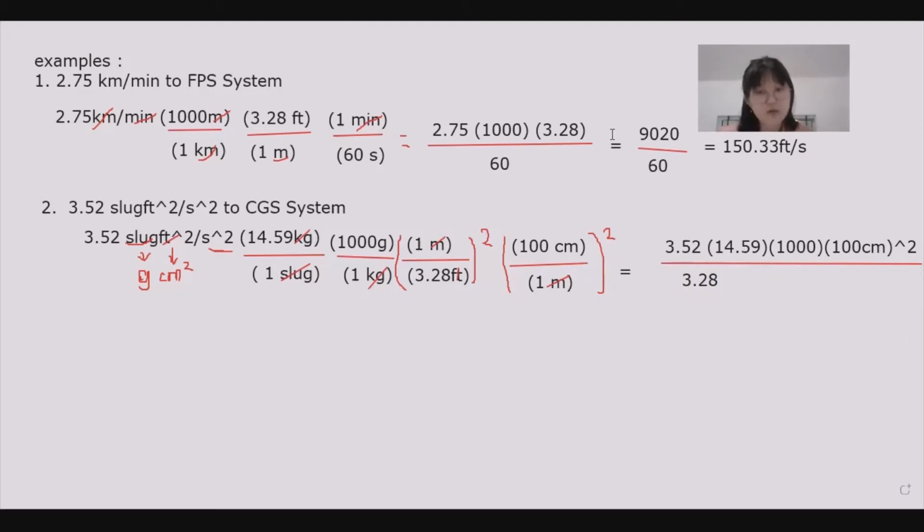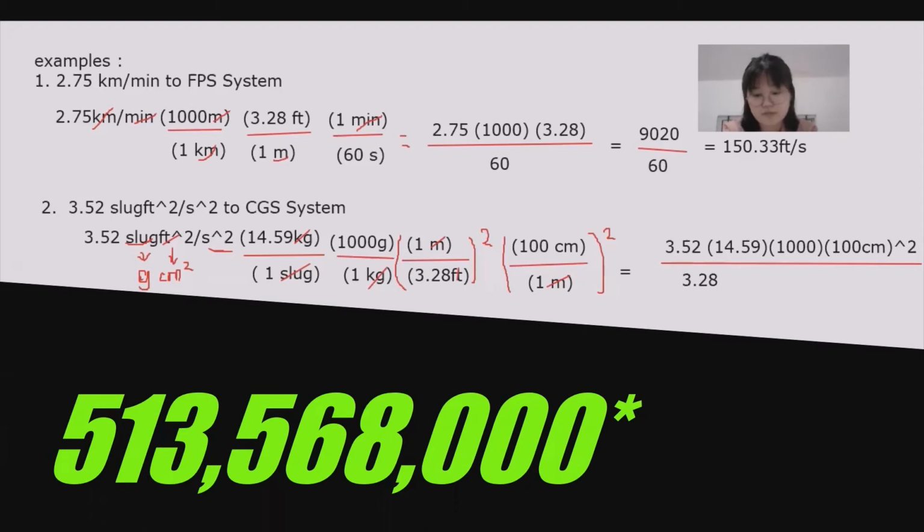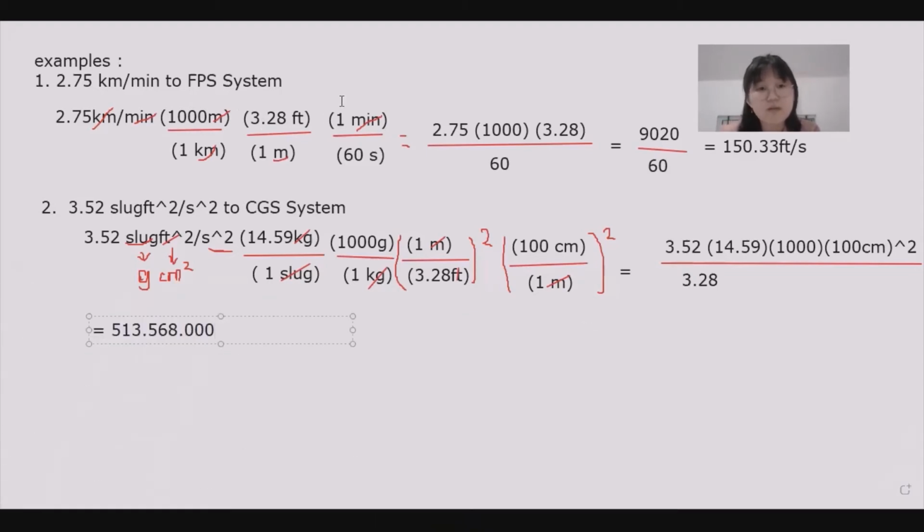So it equals 568 million divided by 328.